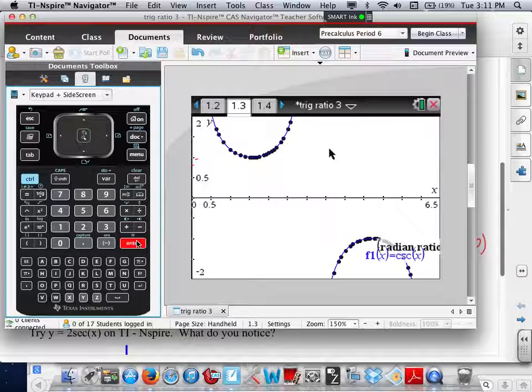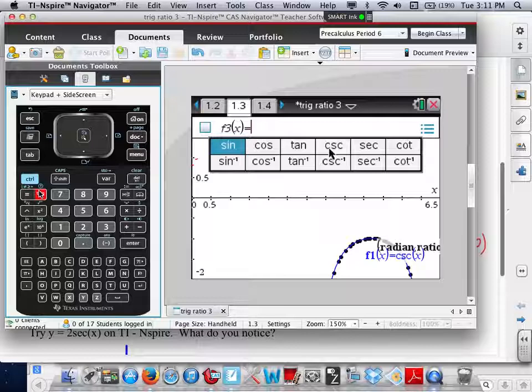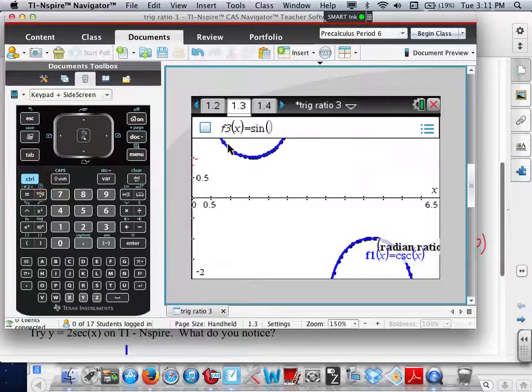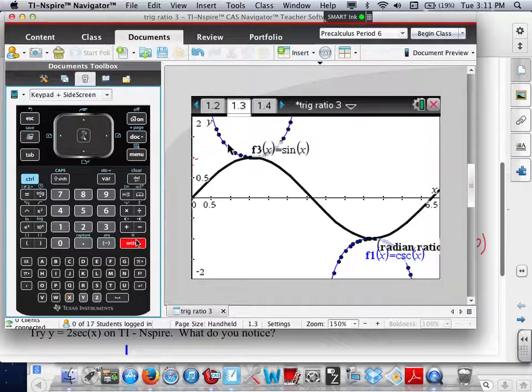And again, if I compare it to sine, look what it does. See how they're related? It's kind of flipping them up almost. Looks like there's going to be an asymptote right here, right over here, and right here. Oh, about right there.